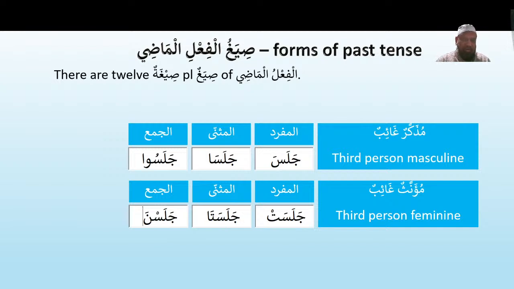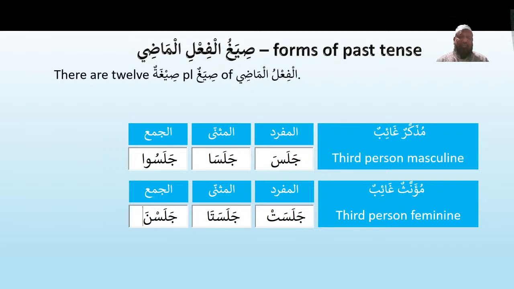Okay, and that's it so far. All you have to have in your head is ألف الاثنين, واو الجماعة, and نون النسوة. So if I give you any fi'l, you can make these 6 forms: جلس, جلسا, جلسوا, جلست, جلستا, جلسنا.